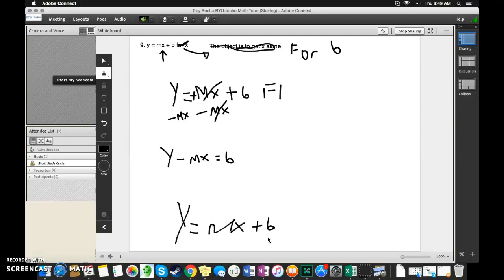So we subtract a b. And then the next thing that we had done originally was multiply by an m. So to undo that, we divide by m. That division is to undo what we did to x, and you will see that in the first part of this video.